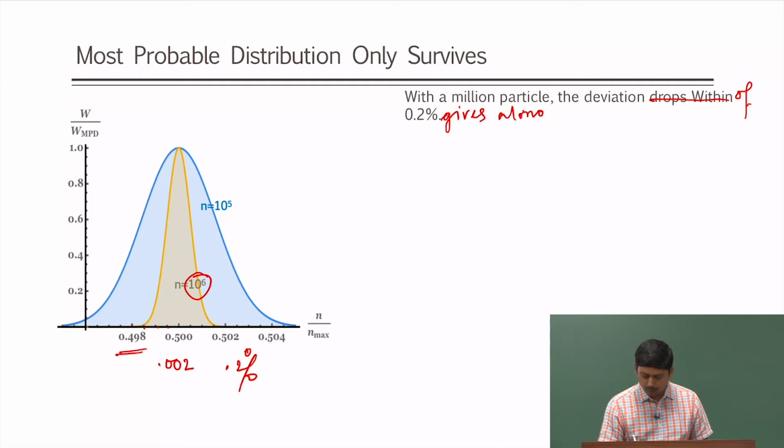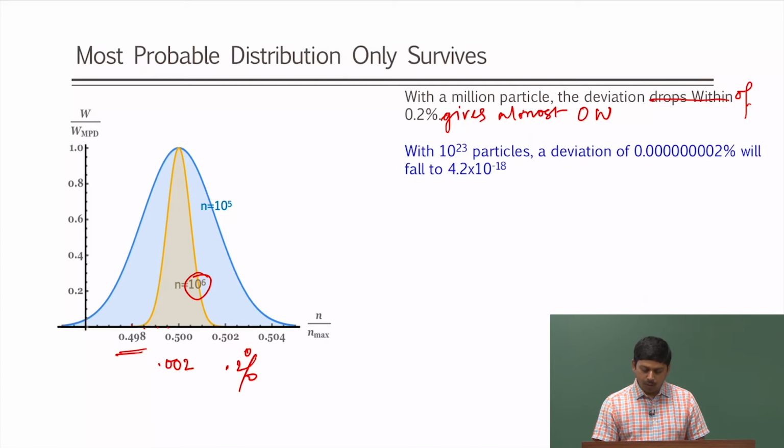However, with 10 to the power 23 particles, a deviation of 0.00000002% will fall to 4.2 into 10 to the power minus 18. So, you can see that a percentage deviation of this much is not probable when 10 to the power 23, or 1 mole of particles, will be there.